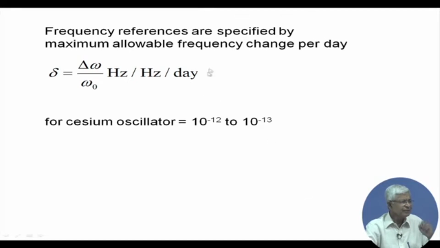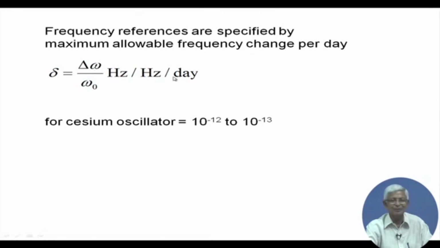Now the frequency references are specified by the maximum allowed frequency change per day with respect to the nominal frequency. Let us call it a small delta. Small delta is delta omega by omega naught, that is the allowable change of frequency with respect to nominal frequency, and it is change per day.